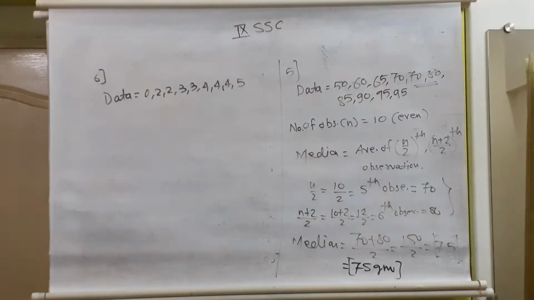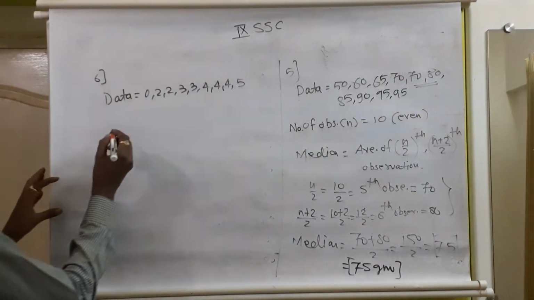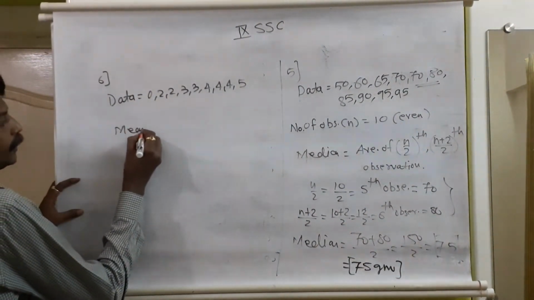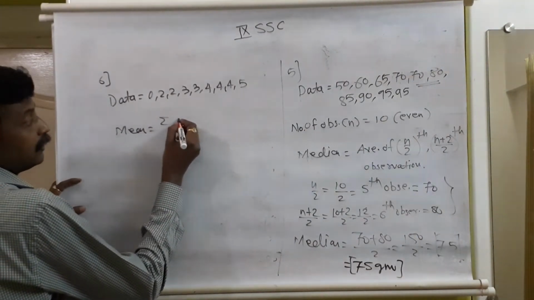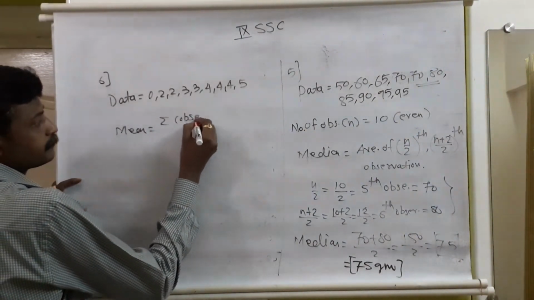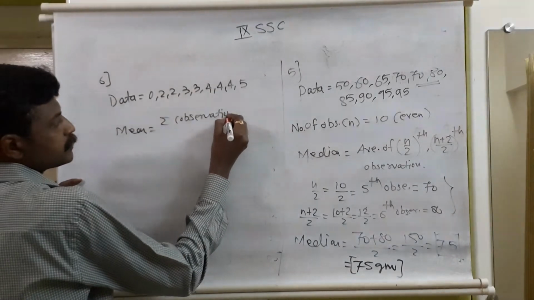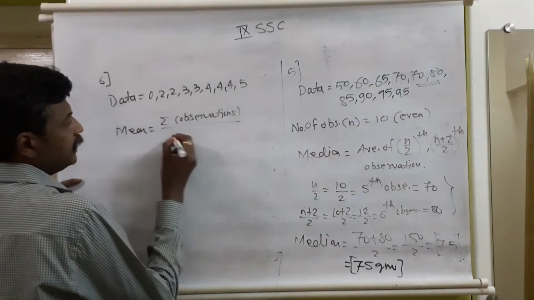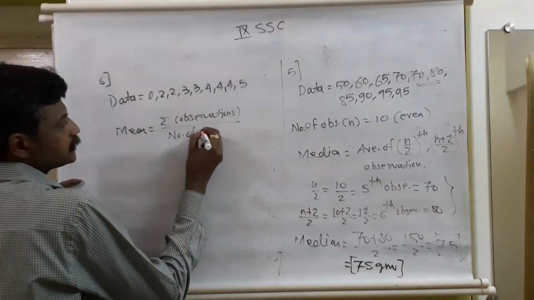Let us continue. First central tendency, that is the mean. How to find the mean? Mean is equal to the sum of all observations divided by the number of observations.